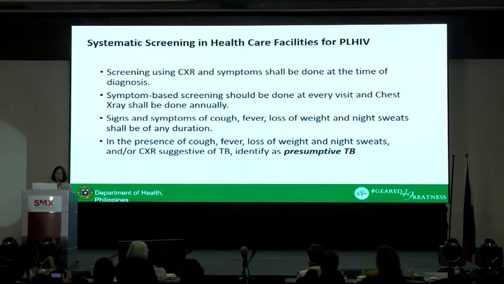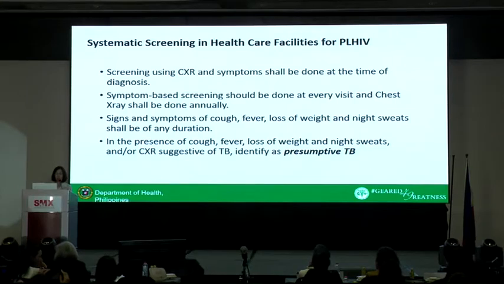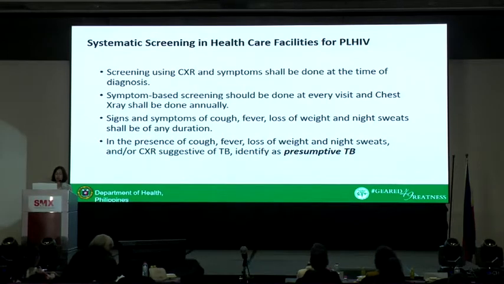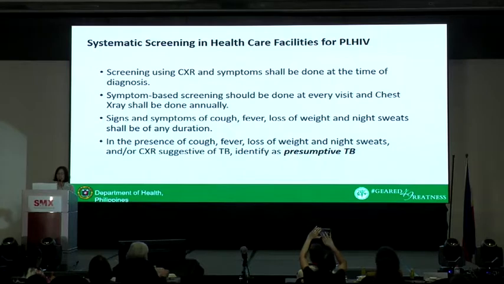In the previous slide, if you are not a PLHIV, the signs and symptoms should be 2 weeks or more. But for PLHIV, it is of any duration, but same signs and symptoms: cough, fever, loss of weight, and night sweats. Then if you have this and a chest x-ray, then you will be considered a presumptive TB.